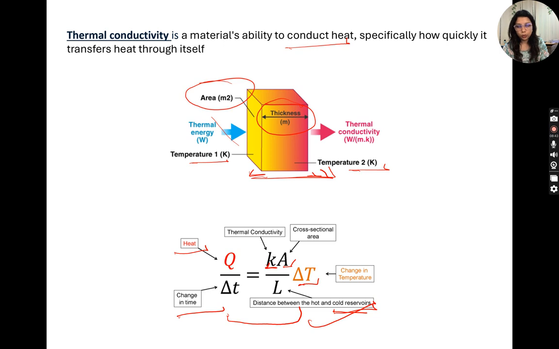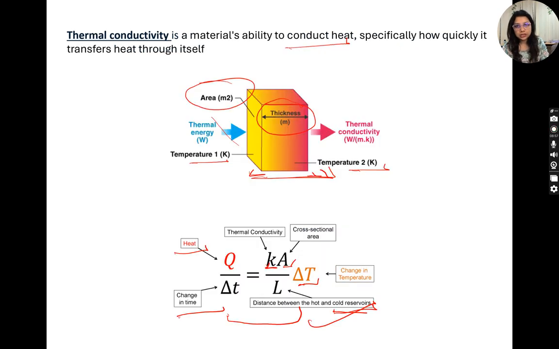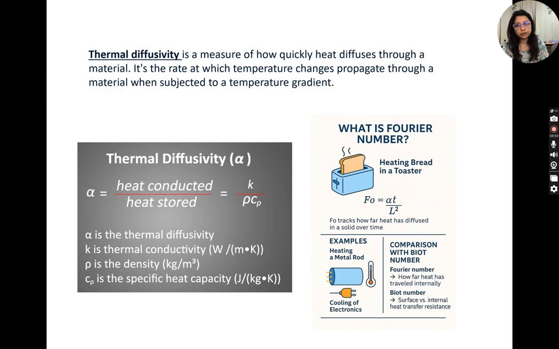One more important thing in heat transfer is thermal diffusivity, a measure of how quickly heat diffuses through a material. Thermal conductivity is the ability to conduct heat, but diffusivity measures the rate, how fast or how slow a material can pass heat through it.